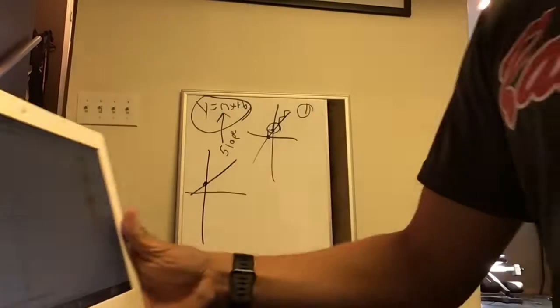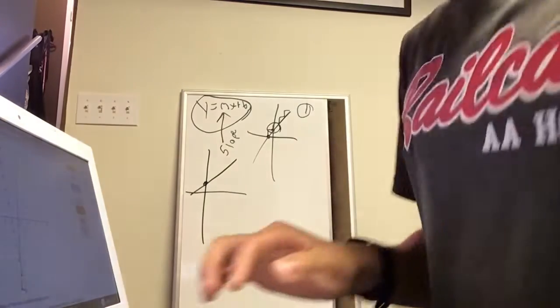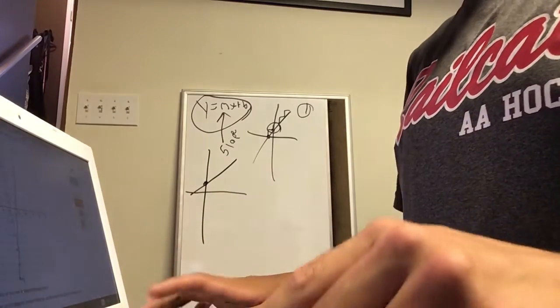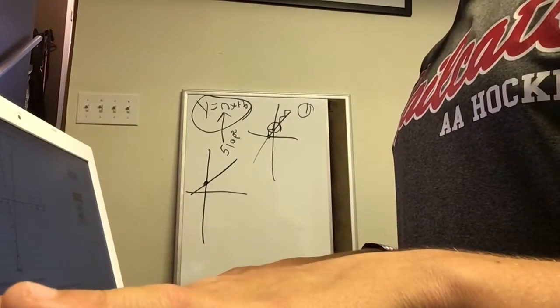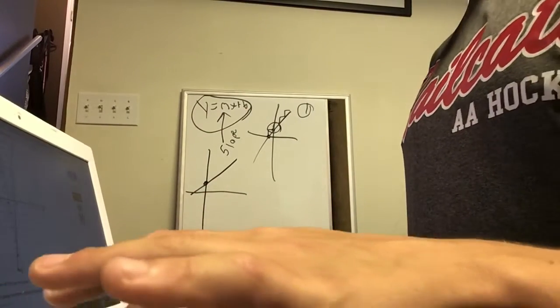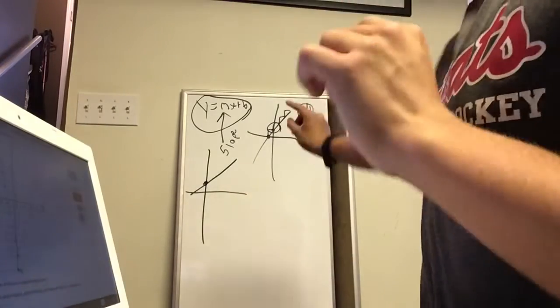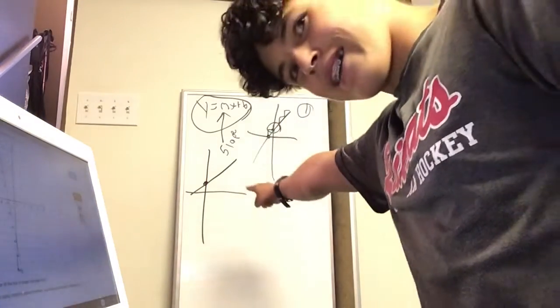So let's write that out. y equals 4/1. Don't forget the x, because mx right there.